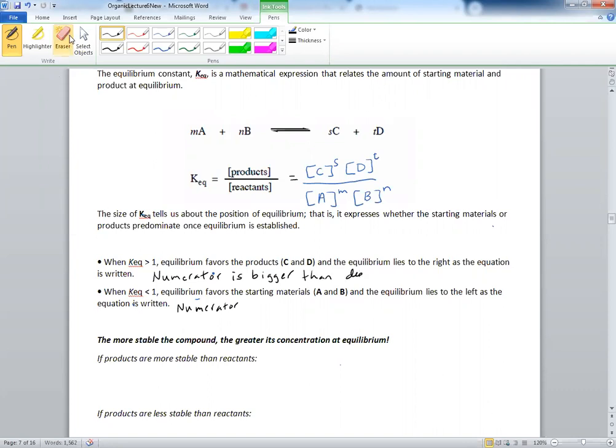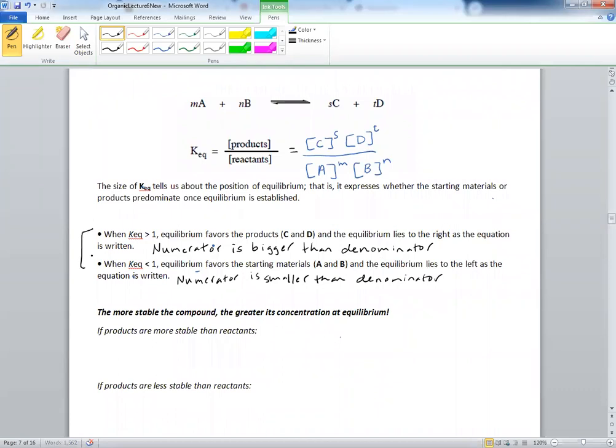We're just going to call it DEN, denominator, just to shorten that. Here, the numerator is smaller. That's why you get a KEQ larger than 1 or smaller than 1. So this is key. Very important to remember what is said here.